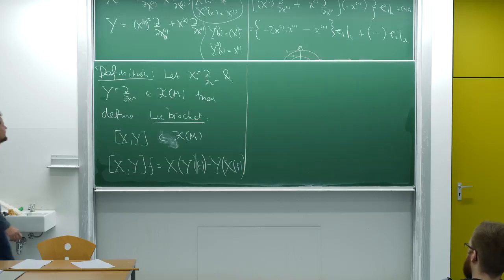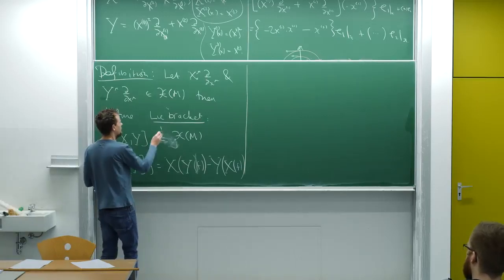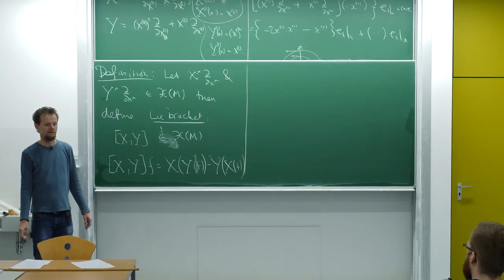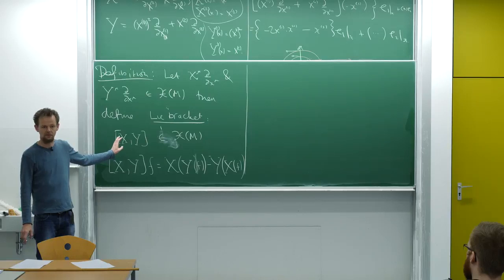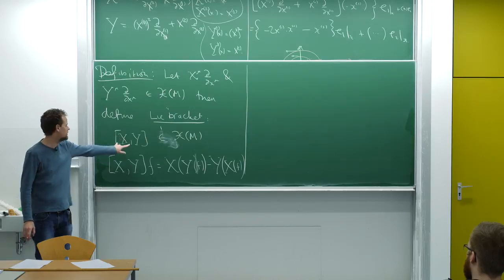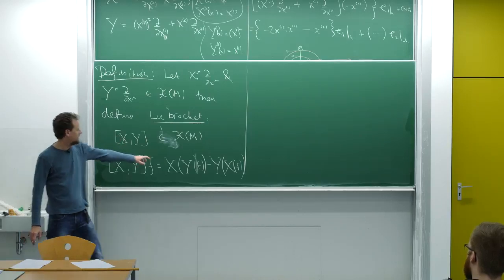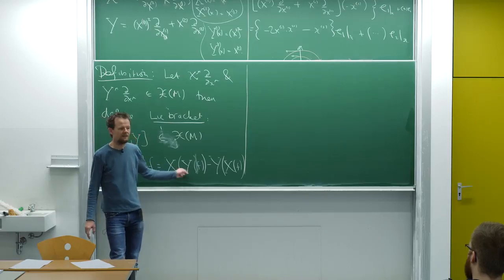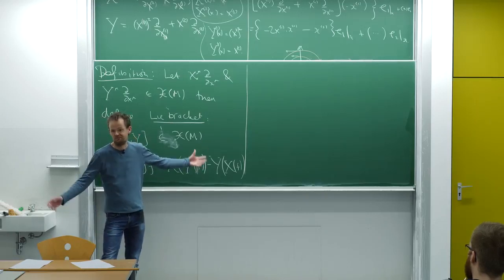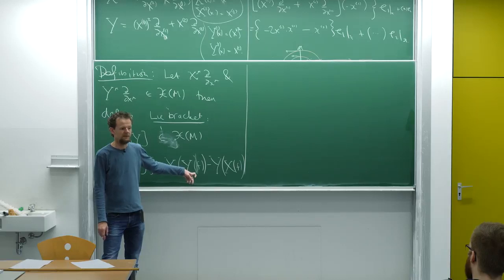At this stage, it's totally non-obvious that this thing is a vector field. Because we're composing two vector fields, there's going to be second order derivatives, presumably. But for something to be interpretable as a vector field, remember it's got to be a first order derivative. Indeed, the notation and the definition make it clear what's going to happen.